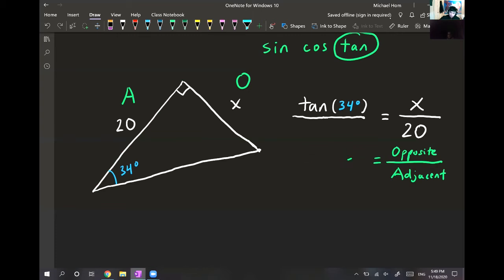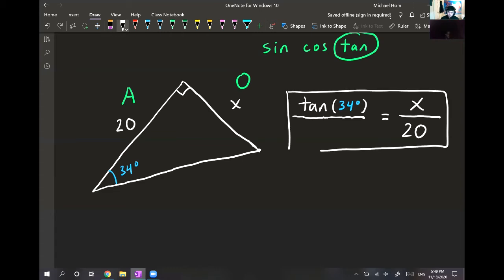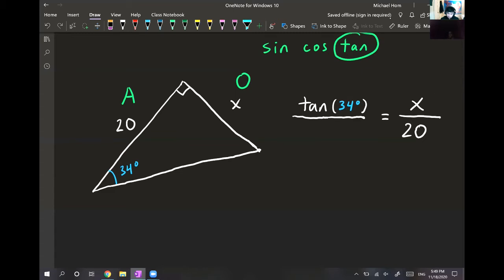Great. All right. And now for the big reveal, how do we solve for x once we have this equation set up? So once you have that equation set up, you are going to multiply 20.